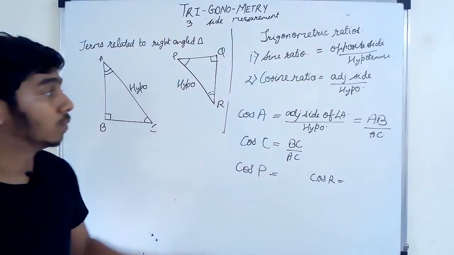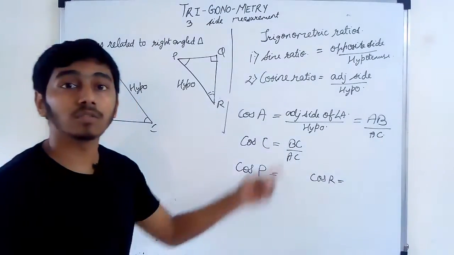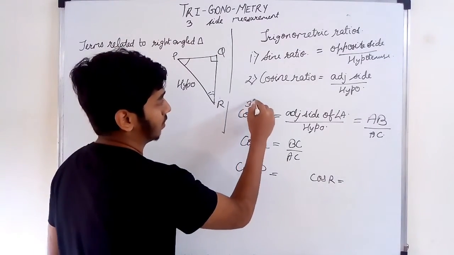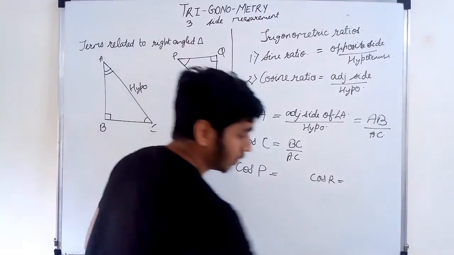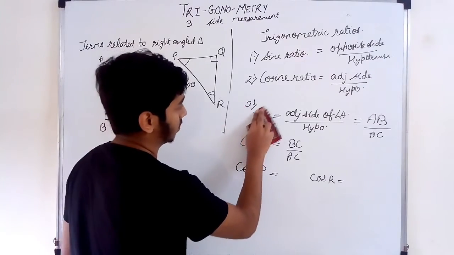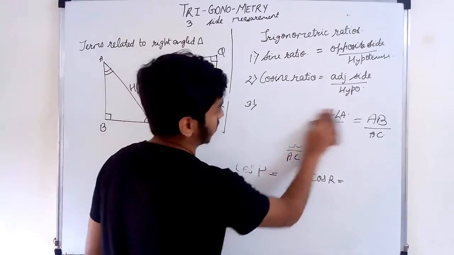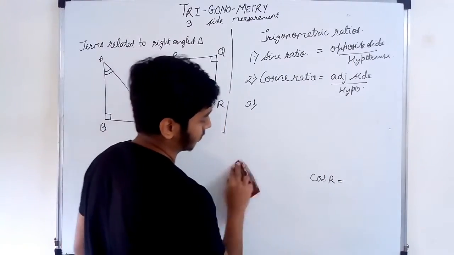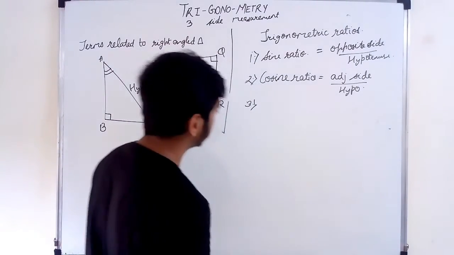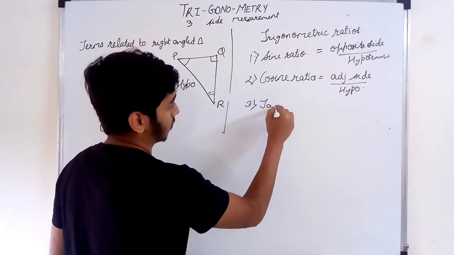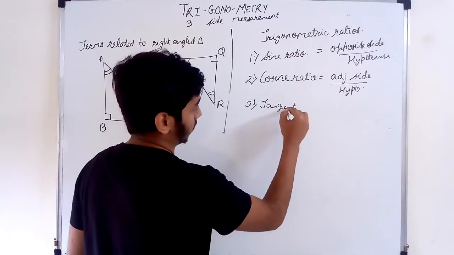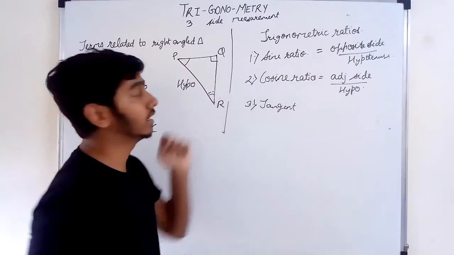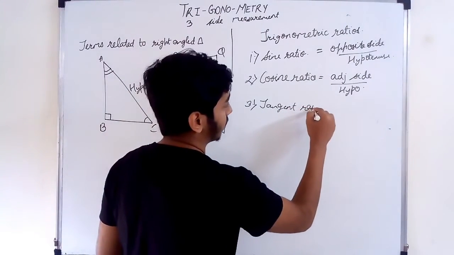Okay. Now we'll see what is tan, how to find the tangent ratio. So the third one is the tangent ratio.